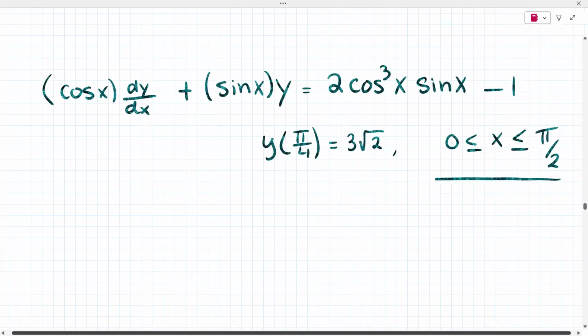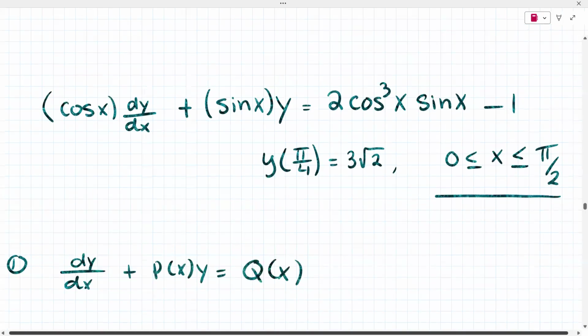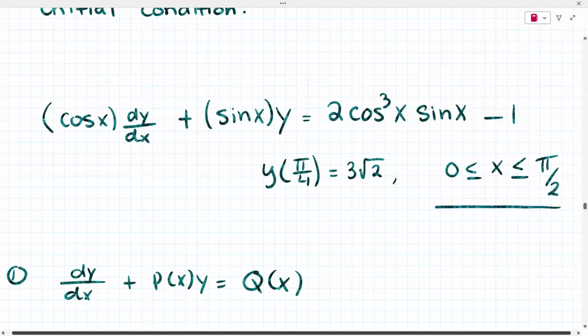So step 1 is put it in the correct form. So what do we have to do? I think all we got to do is divide everything by cosine of x, right?